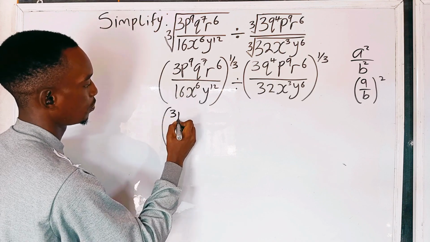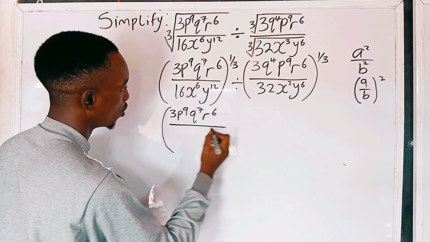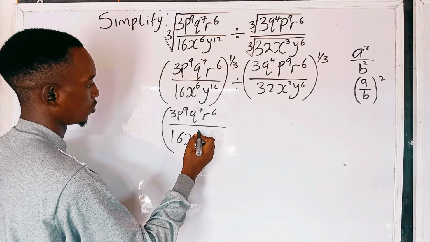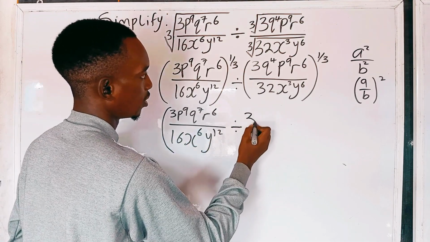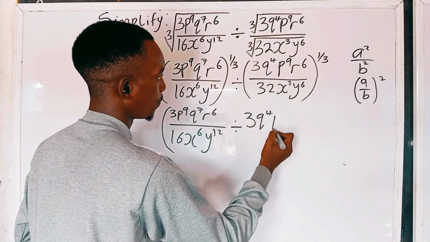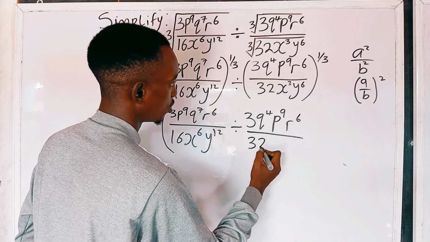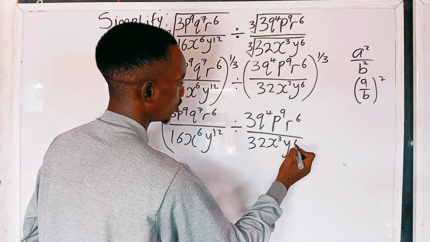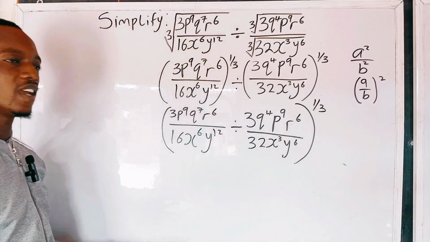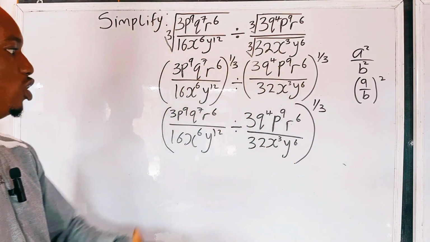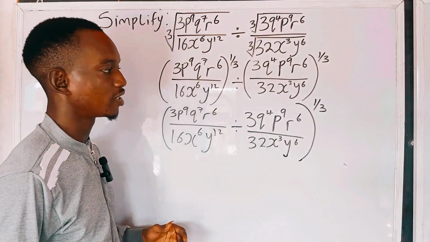So we have 3p^9 q^7 r^6 all over 16 x^6 y^12 divided by 3q^4 p^9 r^6 all over 32 x^3 y^6, all to the power of 1 over 3. Yes, the law of indices, they have the same power. We join them together.